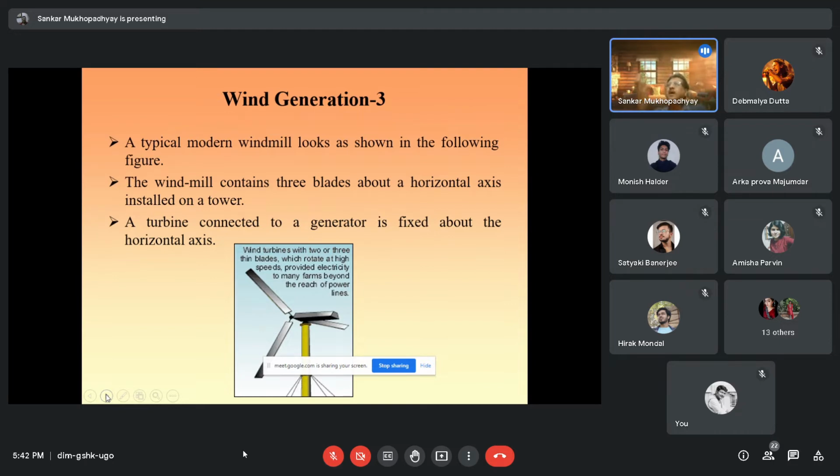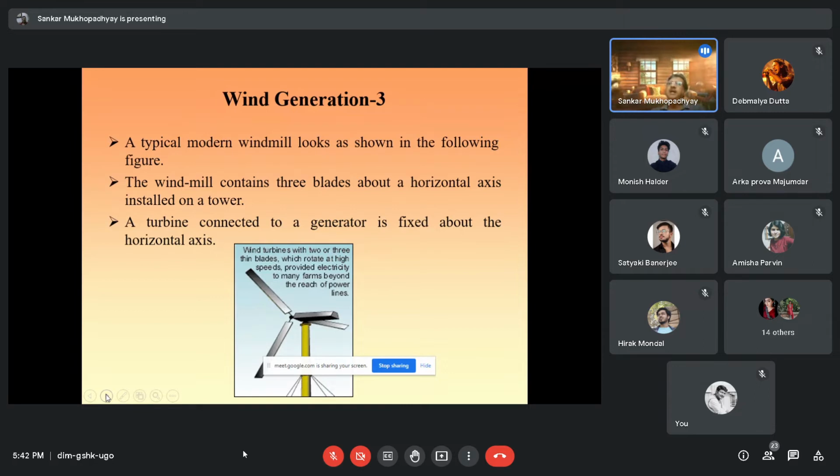If you are at the ground, the wind gets a dragging force from the ground itself, so the wind speed is much less. If you move up, the wind speed also grows. So on average, the height is 30 to 70 meters for the mast of the wind turbine, I mean, for the support structure, which we call the tower.